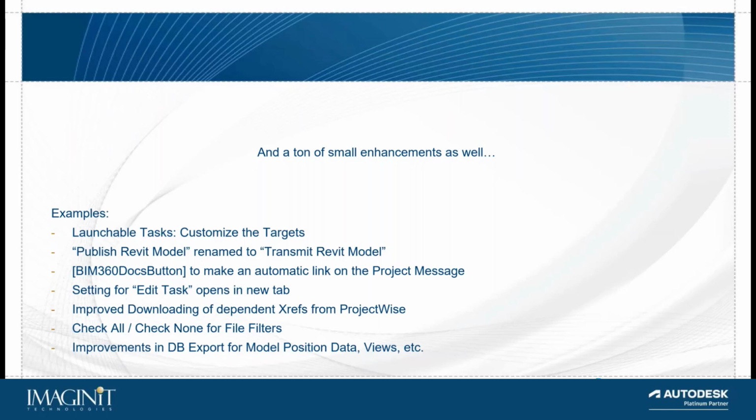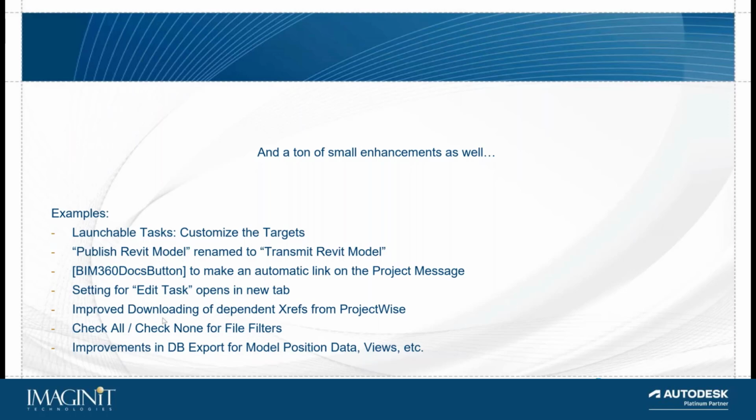Publish Revit model: in the era of BIM 360, there was more and more confusion about what Publish Revit model does, so we've officially broken down and renamed it to Transmit Revit model.